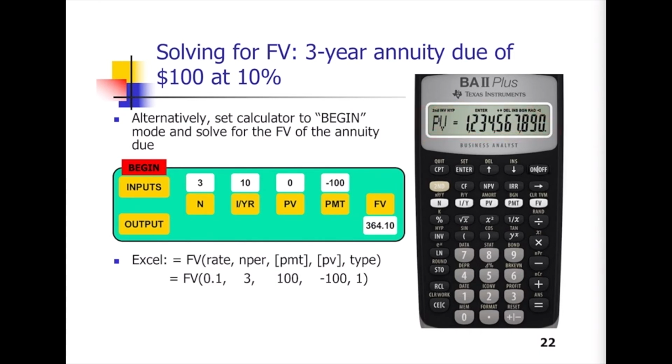In Excel, there's one more thing different. There's a type. The type is 1. Usually the default type number is 0. It means ordinary annuity.